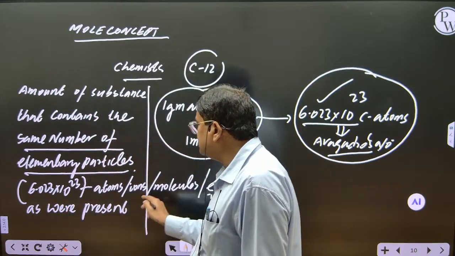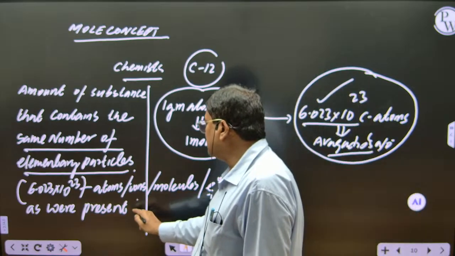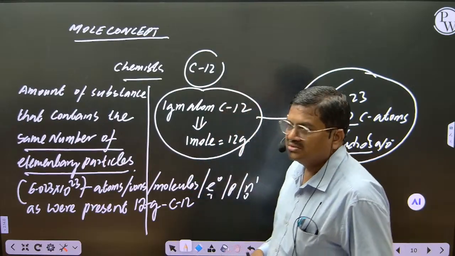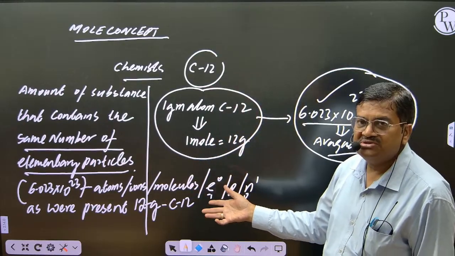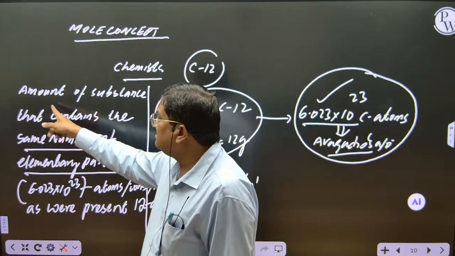As were present in 12 grams of carbon 12 isotope. So this is the definition of mole concept, and I will make you better understand by giving an illustration.